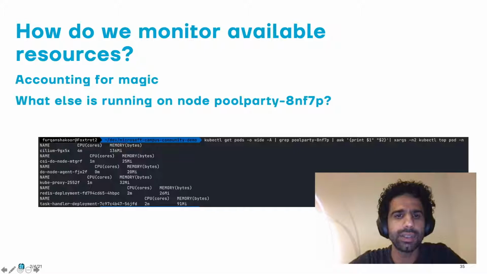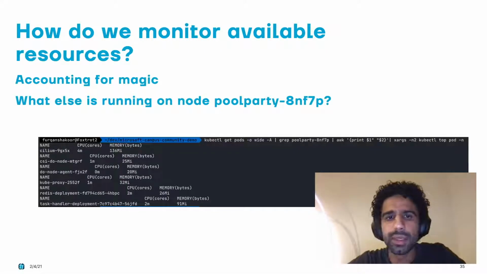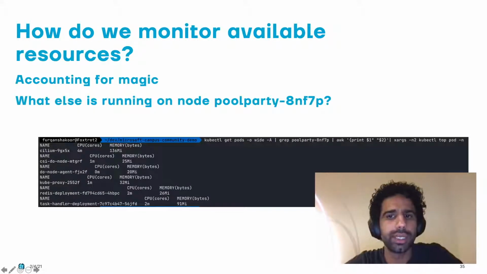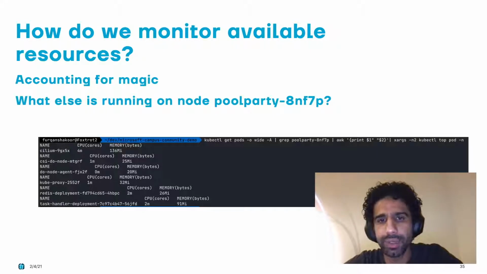But with that alias, you can customize the columns that you get in the output. And -A is also a shorthand for all namespaces, the flag I told you guys about before. So if you run kubectl get pods -o wide -A, it gives you all the pods and it gives you the information of which node it's running on. Then I ran grep.